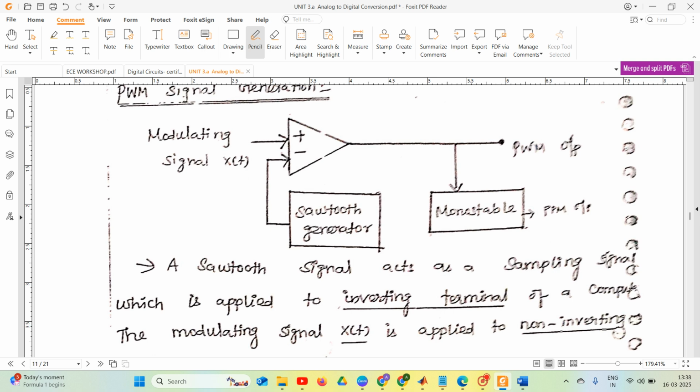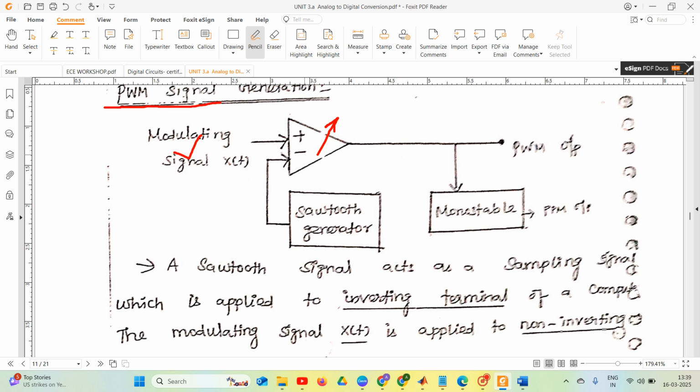First, we will discuss how we are going to generate the pulse width modulated signal. Here the main component is a comparator. This is my comparator. In the non-inverting terminal we are applying the modulating signal, that is my original signal or baseband signal.